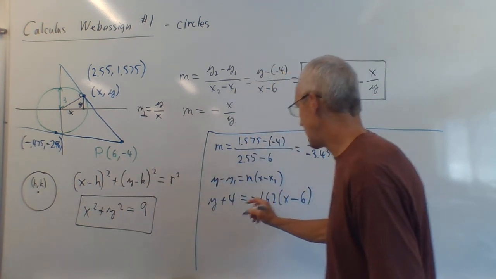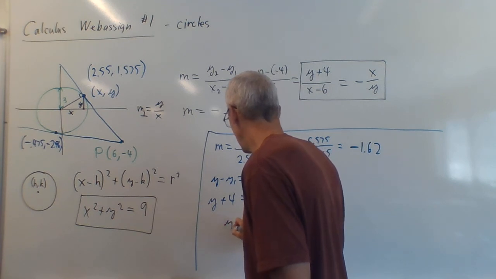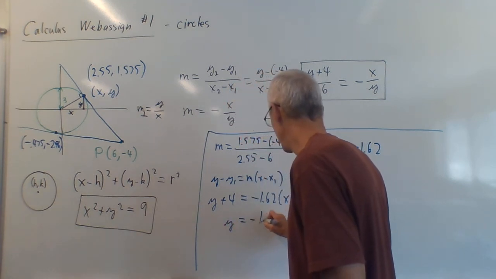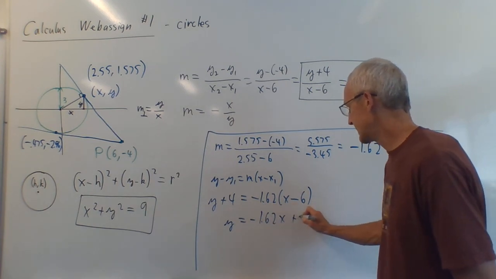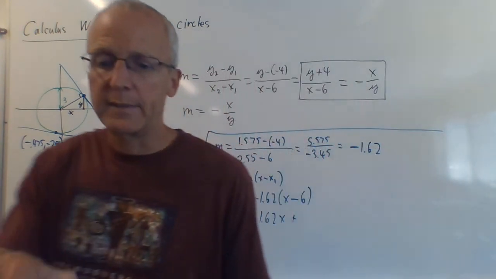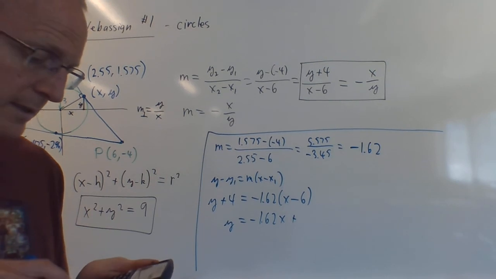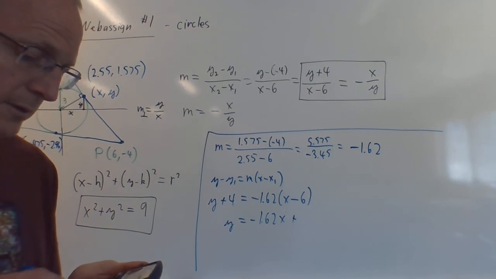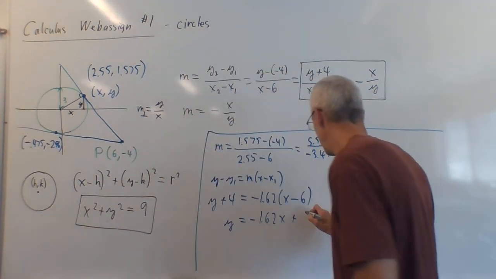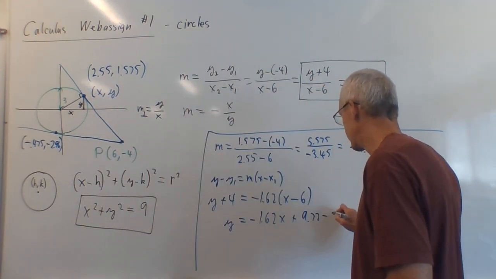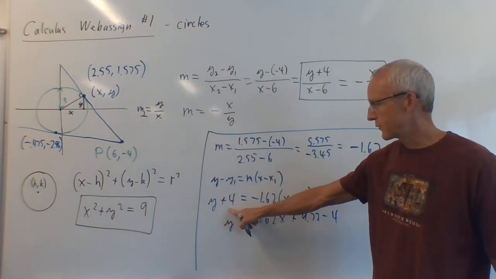Now we multiply all this out, put the 4 over here. Y is equal to -1.62x. Negative times negative is plus 1.62 times 6, whatever that is. 1.62 times 6 is 9.72 minus 4, right? Plus 4 over here.